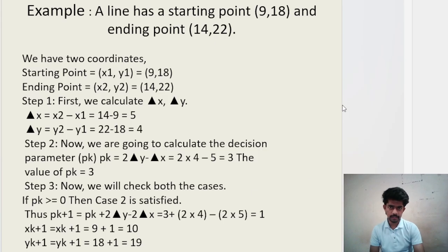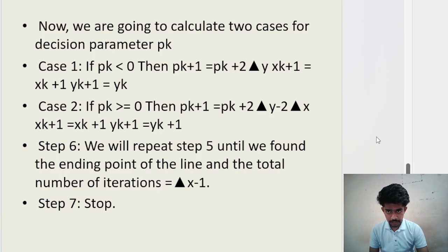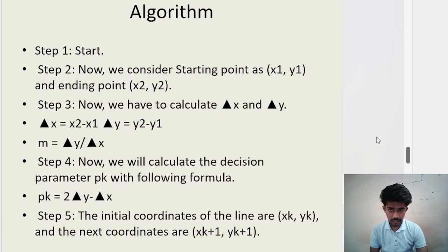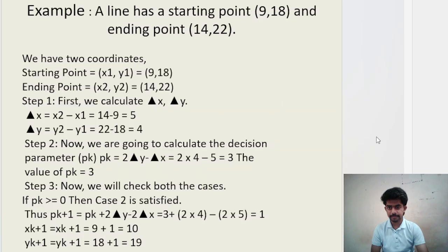Let's look at our example. A line has a starting point 9 comma 18 and ending point 14 comma 22. We have two coordinates here, starting point x1 y1 and ending point x2 y2, which are 9 comma 18 and 14 comma 22. We'll calculate delta x and delta y, which I have previously explained in the DDA. Step 2, now we are going to calculate the decision parameter. The decision parameter, as we can see in the previous slide, is pk equal to 2 delta y minus delta x.